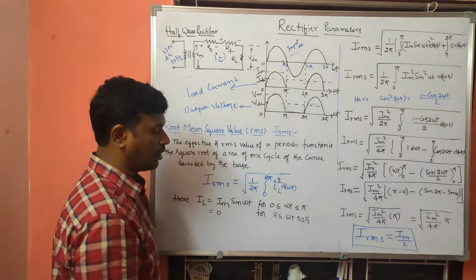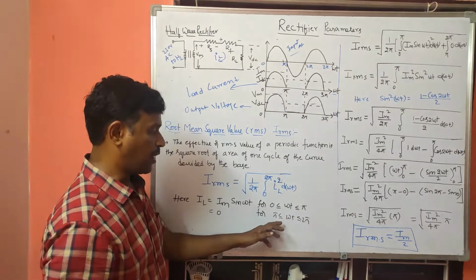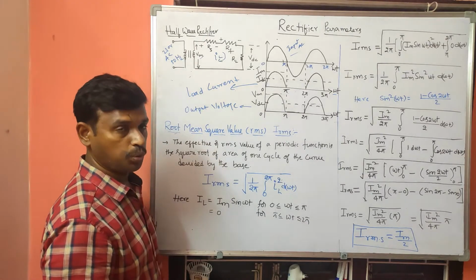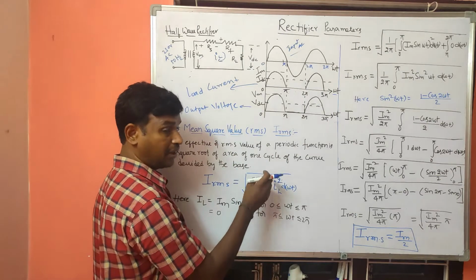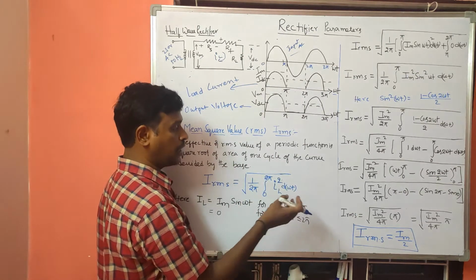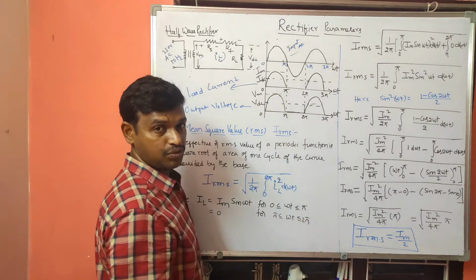Why is it considered this way? Because we get output only for the positive half cycle. For the remaining part the value is 0, that is pi less than omega t less than 2 pi. So we substitute this IL value for the limits 0 to pi and pi to 2 pi, and calculate the IRMS value.